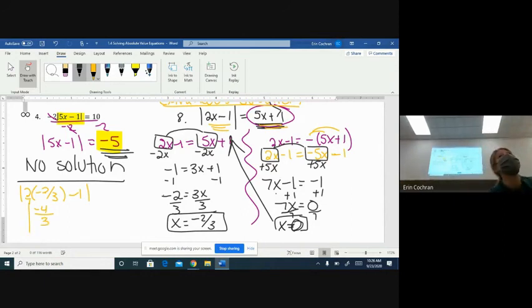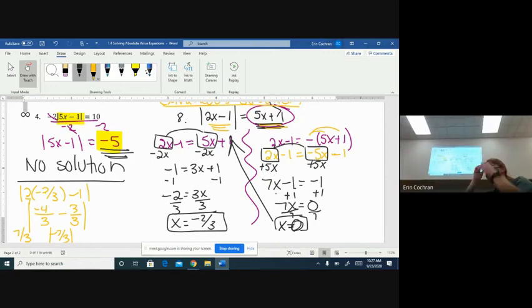Now, minus 1, we have to have common denominators, right? Isn't 1 the same thing as 3 over 3? Yeah. So what's a negative 4 minus 3? Or a negative 4 plus a negative 3? Negative 7 over 3, right? And the absolute value of negative 7 over 3 is a positive 7 over 3. Are you guys okay with that?